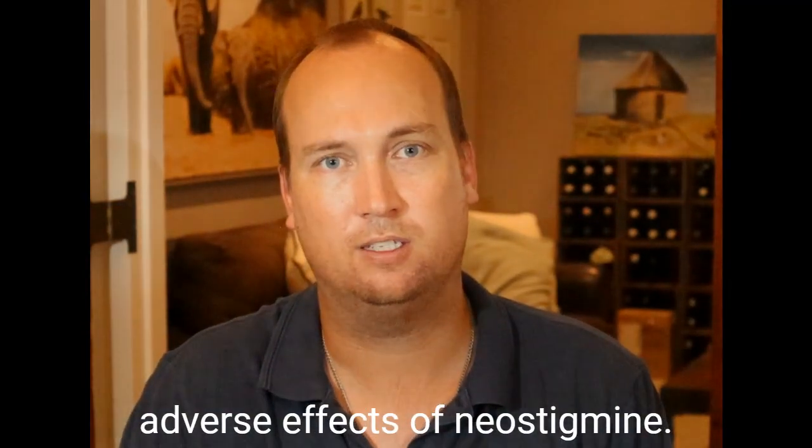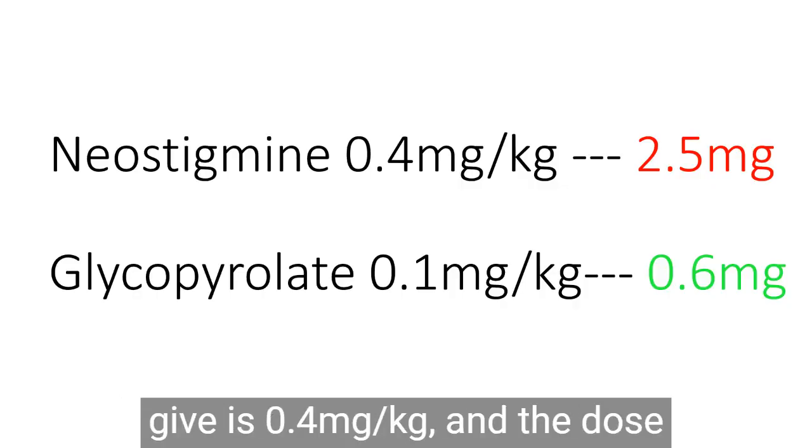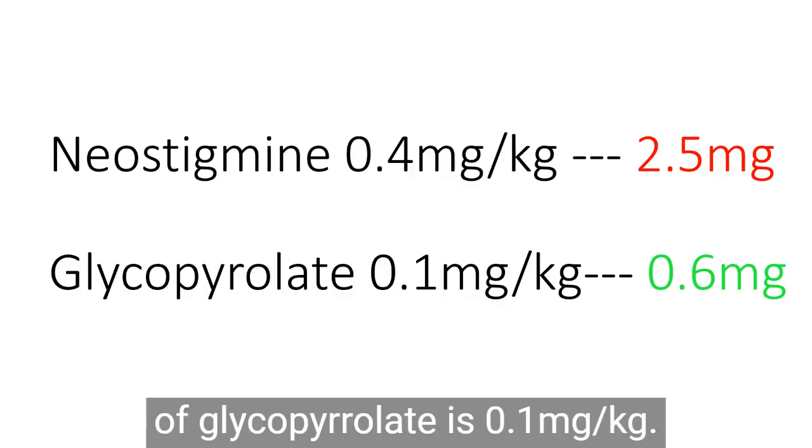The dose of neostigmine that we give is 0.04 milligrams per kilogram, and the dose of glycopyrrolate is 0.01 milligram per kilogram.